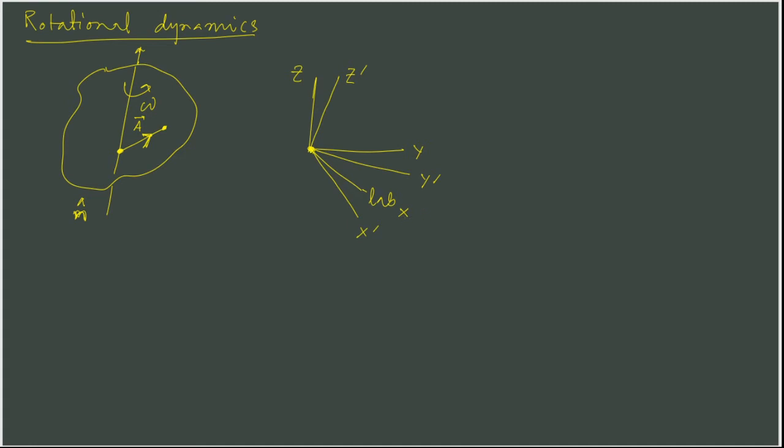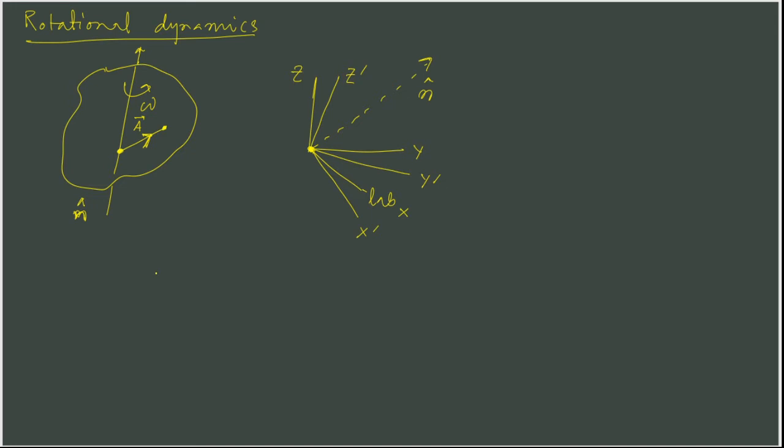The only common point is the origin which they share, and the body frame is actually rotating about some axis defined by, say, n cap. So in this case, it could be an axis about which the rigid body is moving. Now our target is to define the infinitesimal change in A, or rather the rate of change of A, as observed from outside in the laboratory frame.